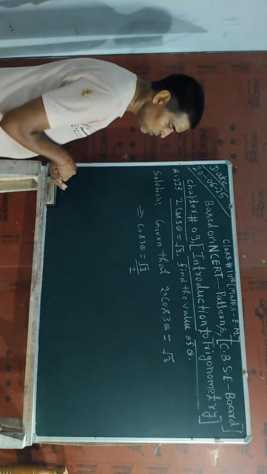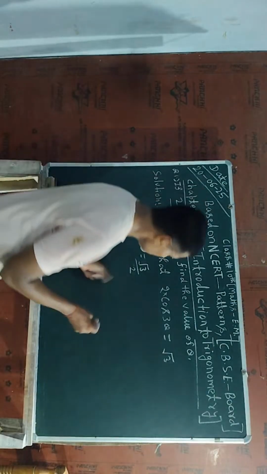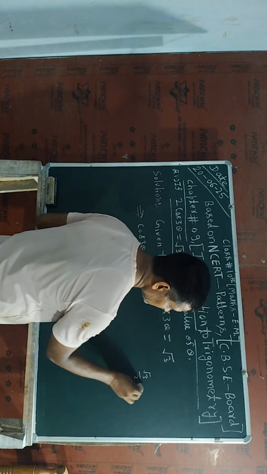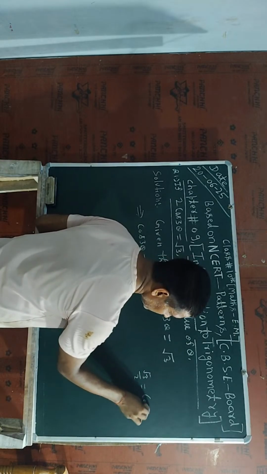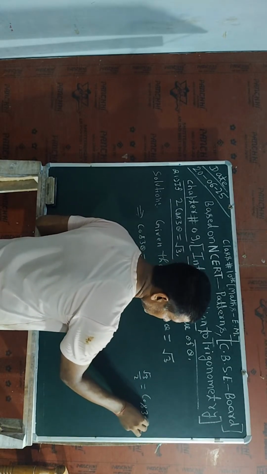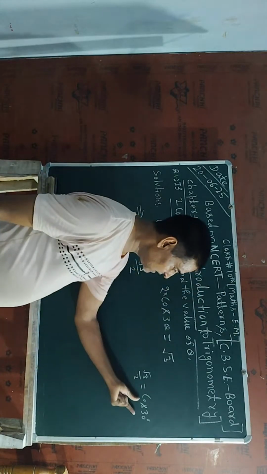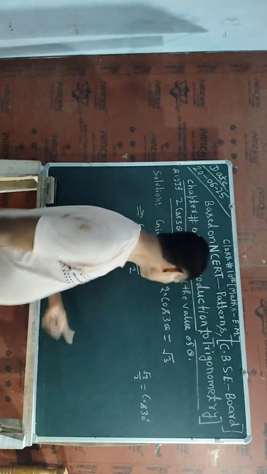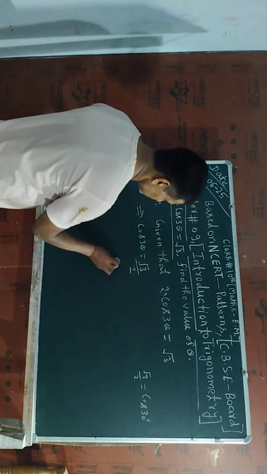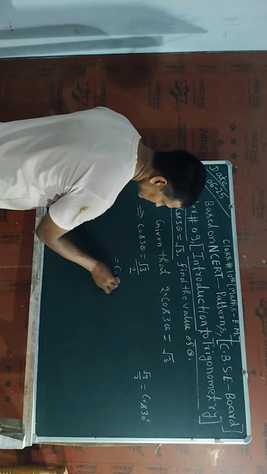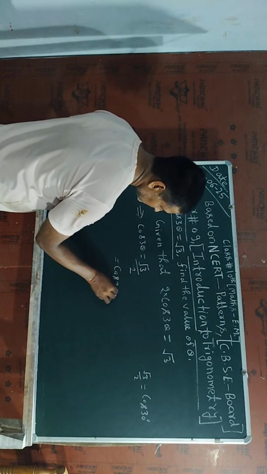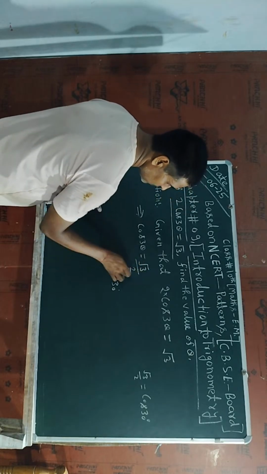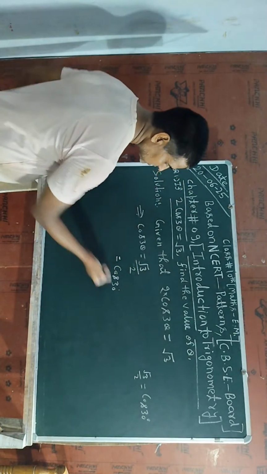Again, when root 3 by 2 is given, its value will be cos 30 degree, because cos 30 degree has the value root 3 divided by 2. So in place of root 3 by 2, I can write cos 30 degree.